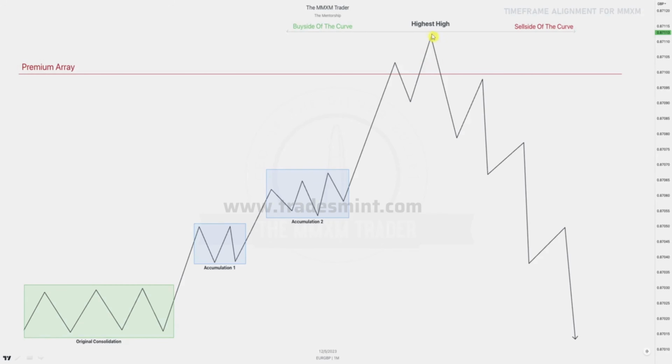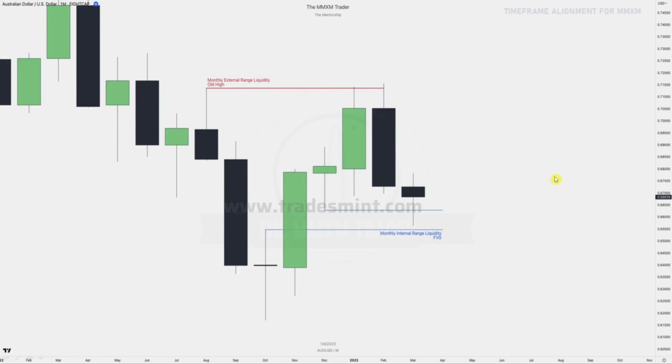And then we have this highest high, confirming sell side of the curve after we break structure hitting that key level, and then we can start to look for sell opportunities and then completing this market maker sell model, liquidating this original consolidation.